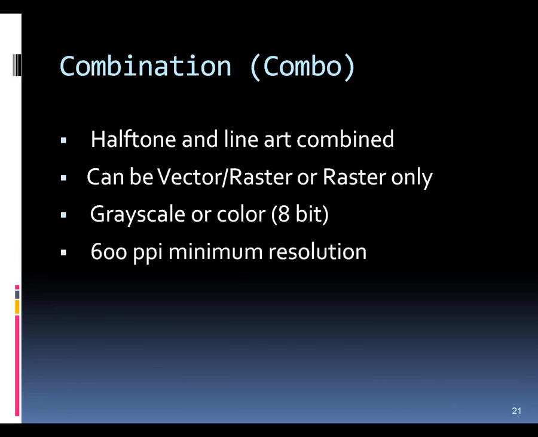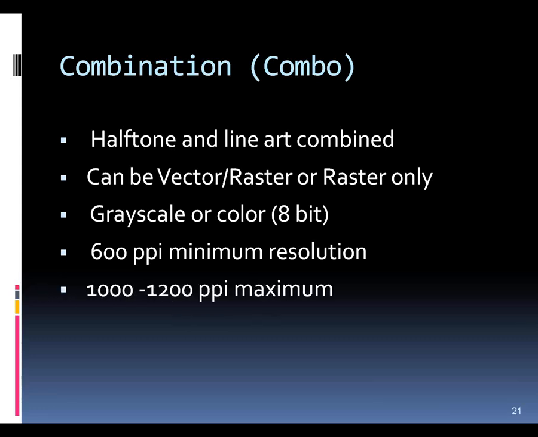But because there are line art elements or text elements in combos, you need more resolution, because interestingly enough, for halftone only, 300 dpi is perfectly fine, but when you add text and line art to the equation, you want more resolution to maintain good quality once it's in print. So 600 ppi is a good resolution.